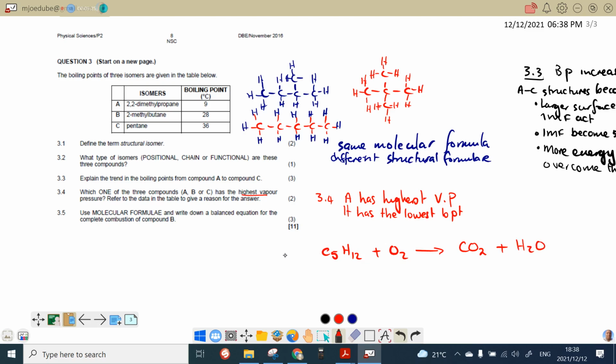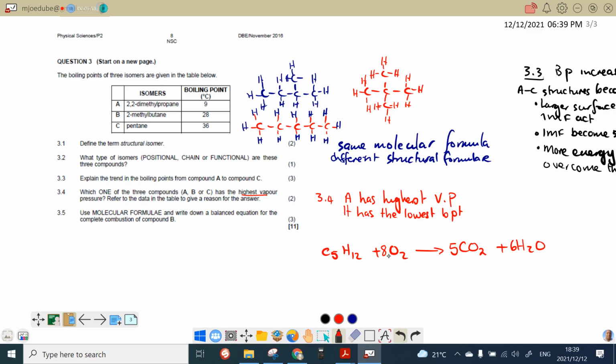When you look at this, how many carbons do you have? You've got 5 carbons. And how many hydrogens? You've got 12 hydrogens, so it becomes 6 water. So you've got 5 carbons, and then a total of 6 plus 10, which is 16 oxygens. Here you've got 2, so you multiply that by 8, and therefore this is the balanced equation for the reaction.